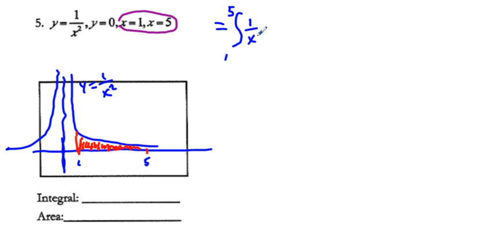I'm going to write this first before. Minus 0, right? y equals 0. And then that's going to be dx. And writing this in the calculus-friendly form, we have between 1 and 5 of x to the negative 2 power dx.